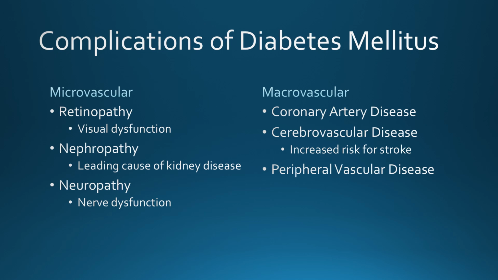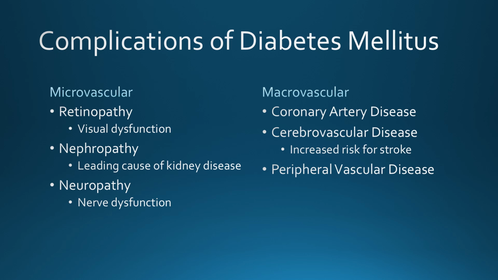We divide this into microvascular complications, meaning that these are complications related to damage to the very small vessels, and macrovascular complications, which are complications related to the large vessels in the body.